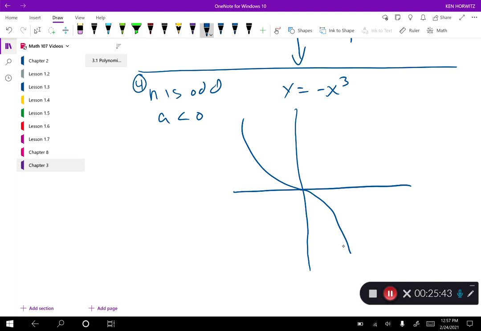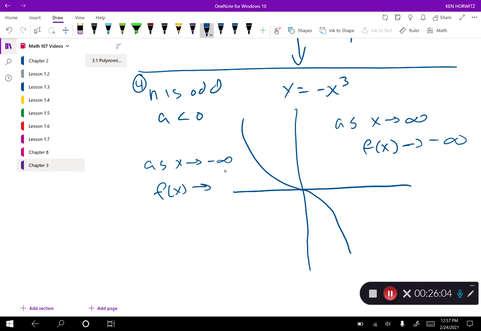All right, so as x approaches infinity, you're looking at what f of x is doing, and it's going down, down, down. So you would answer negative infinity. And again, as x approaches negative infinity, you're looking at what f of x is doing, and it is going up, up, up. So you would answer infinity.